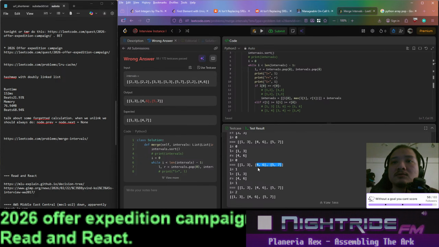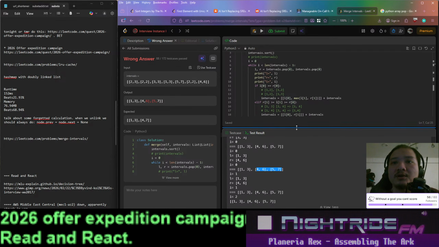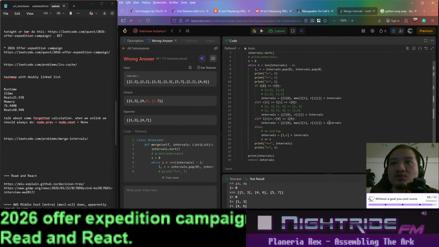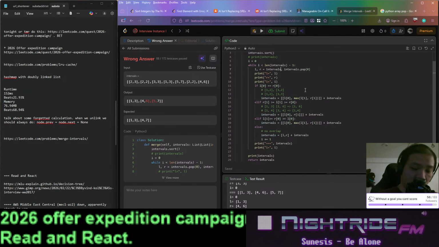So we wanna compare and then we do the insert correctly, right? Okay, hold on. So don't pop this. Let's just do I and then I plus 1 here, right? So this means that we are able to add the new interval.